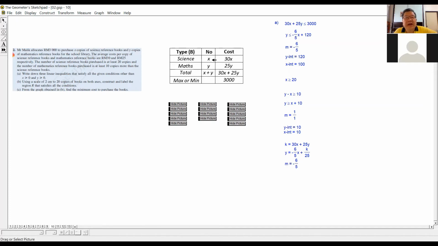So science, number of copies, X. Mathematics, number of copies, Y. So the total number of books, X plus Y. This is the expression that we can form. Next one.